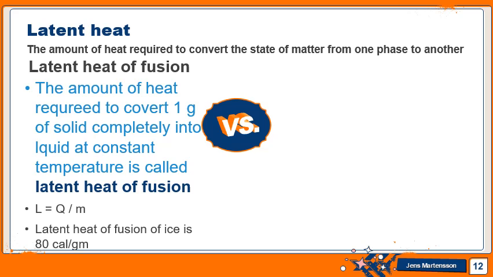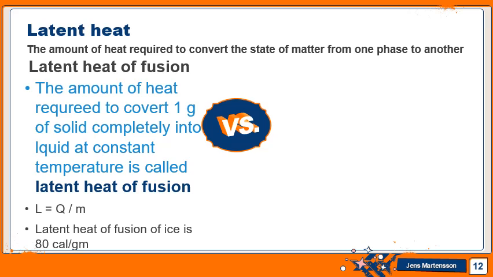Latent heat of fusion is represented by the capital letter L, heat energy by Q, and mass by M. So you have to remember that L is equal to Q by M. Latent heat is equal to Q, the quantity of heat energy, divided by M, the mass.